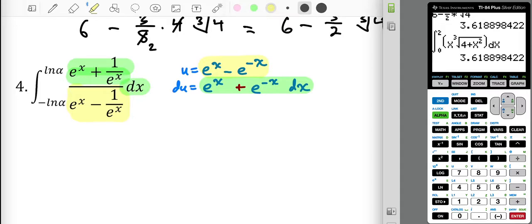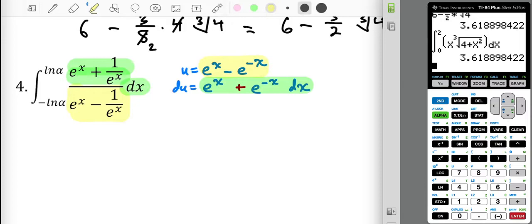Well, I'd like to make the whole thing go away, so let me try making that the u. Turns out our risk was rewarded here. But if that didn't work, maybe I would just let u equal e to the x, or maybe I'd let it equal the numerator, and see where that takes me. But this one fortunately worked out nicely.